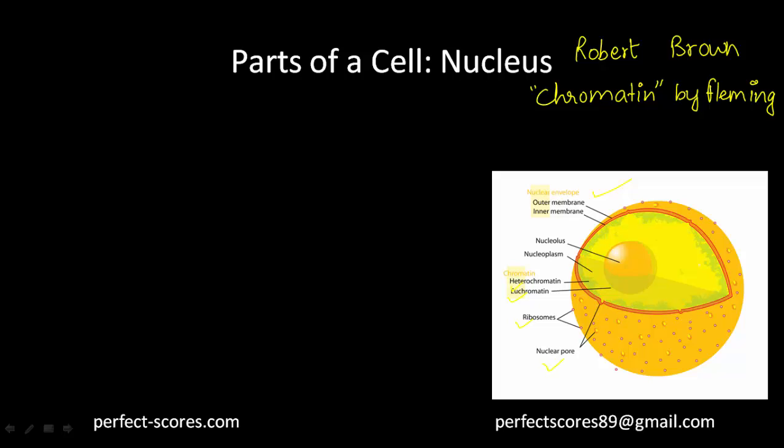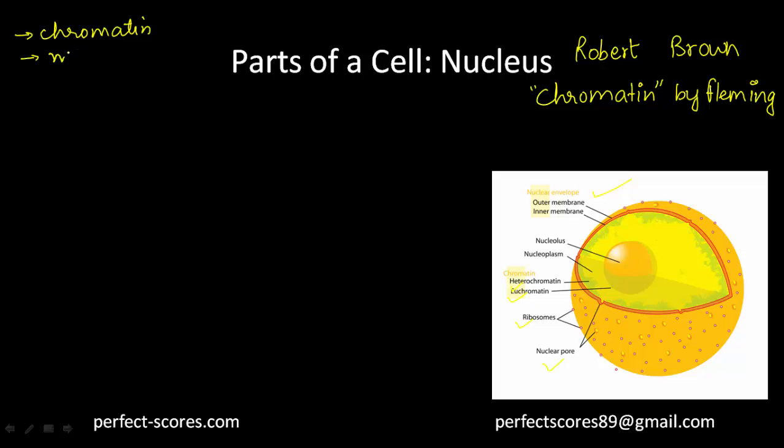Now the interphase nucleus, that means nucleus of a cell when it is not dividing, has extended and elaborate nucleoprotein fibers known as chromatin. So let me just put it down. It has chromatin, which you can see in the form of fibers over here.